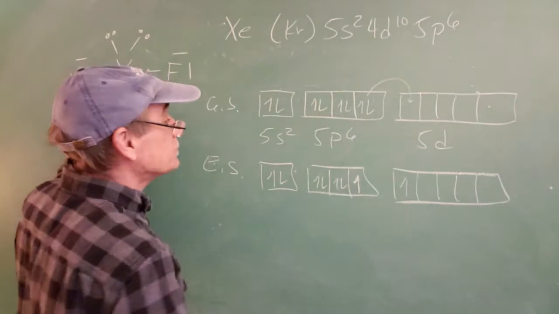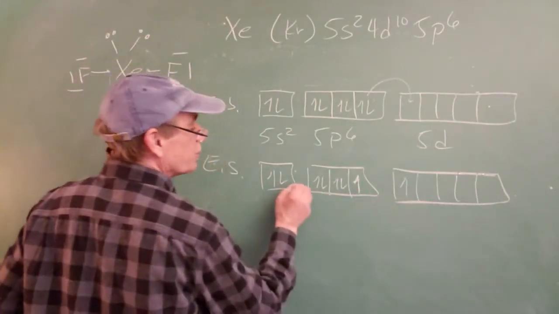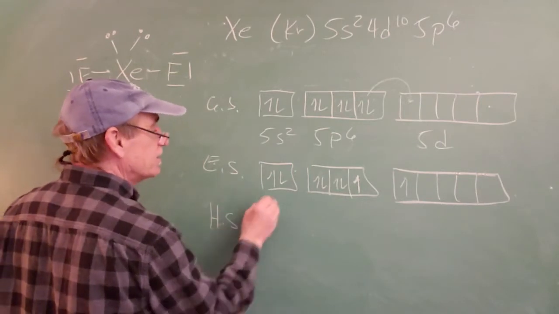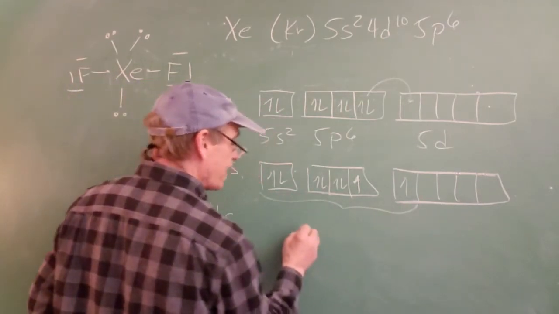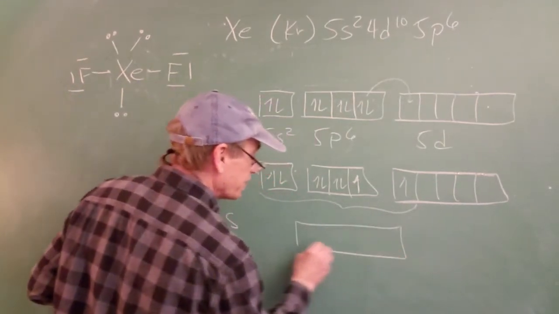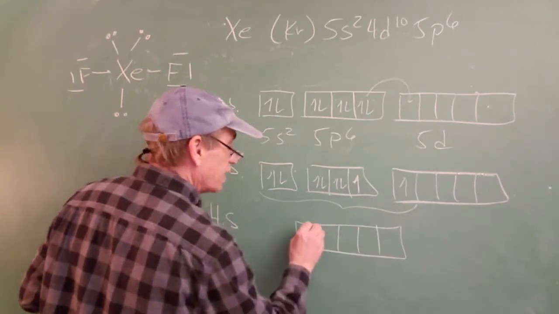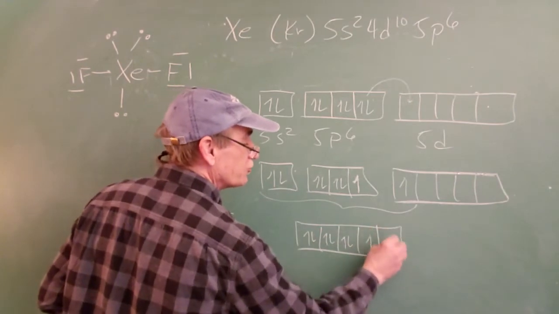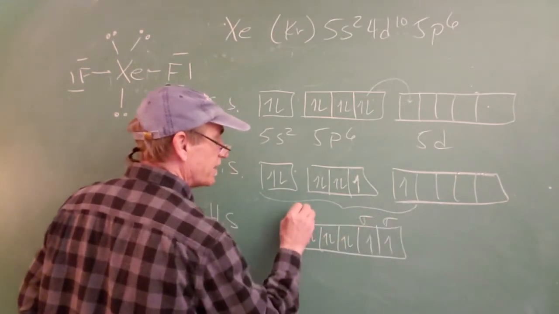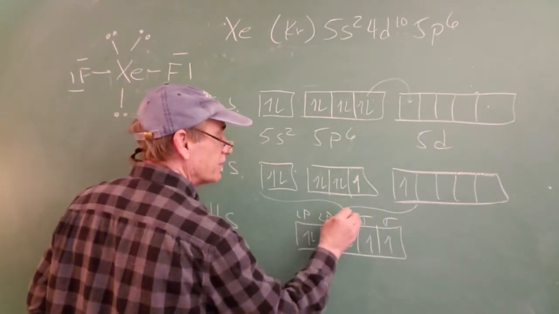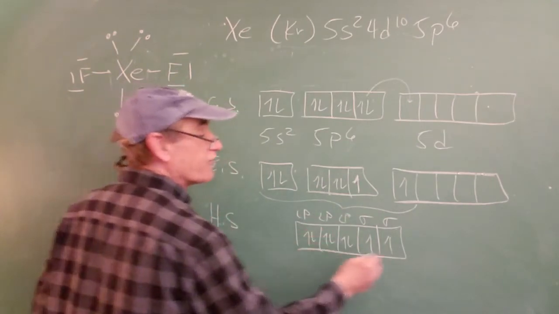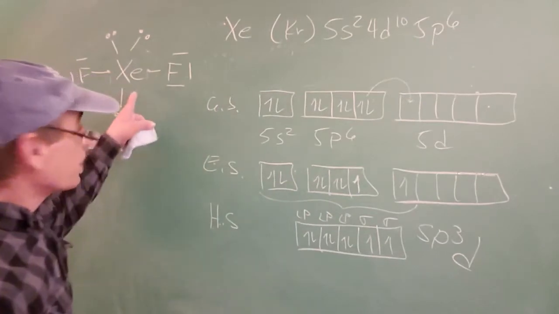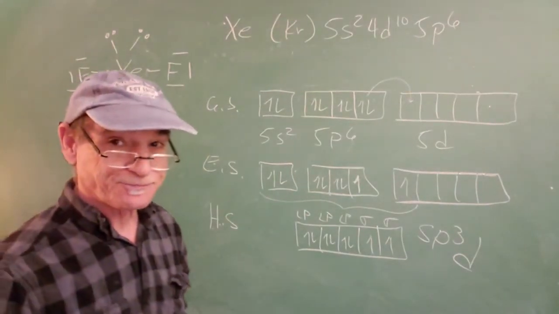Sure enough, this is consistent with the picture. 3 lone pair, 2 singles, but we have to draw the hybridized state just to imply that these 5 orbitals are now equivalent to one another. And sure enough, there's a pair in 3 of them, and singles in the other 2 to represent sigma bond, lone pair, lone pair, lone pair. These are the sp3d hybrids that make up this molecule, xenon difluoride.